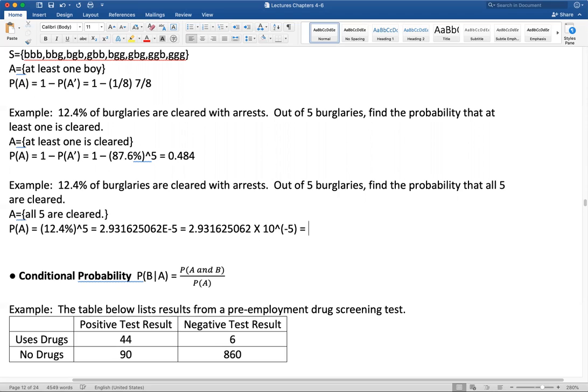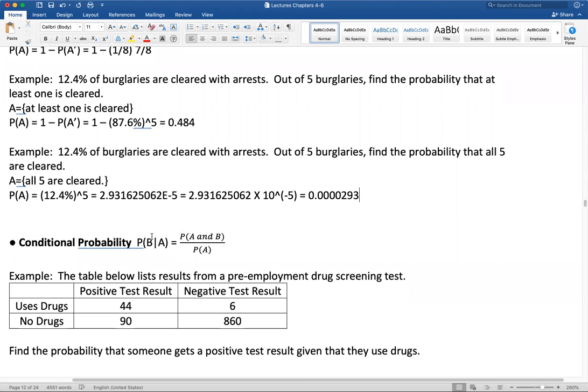So this is equal to 0.0000293, which is enough with 3 significant digits.